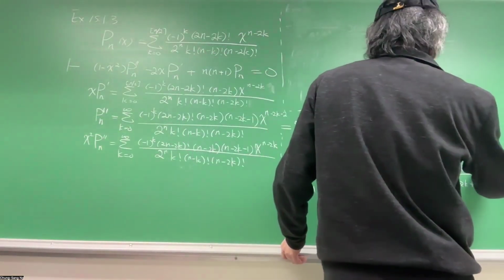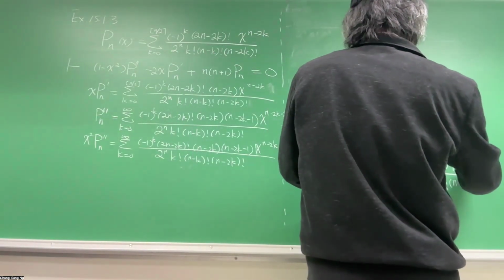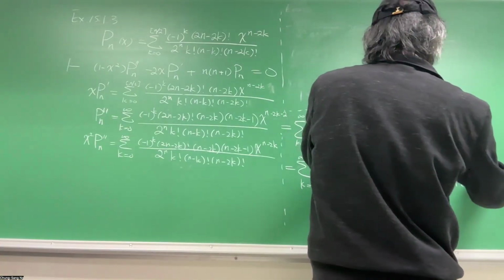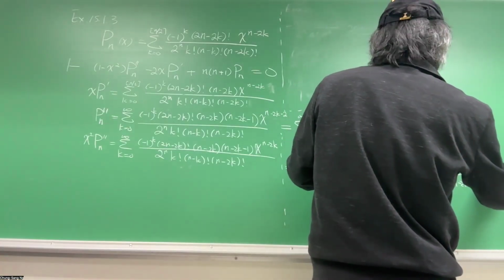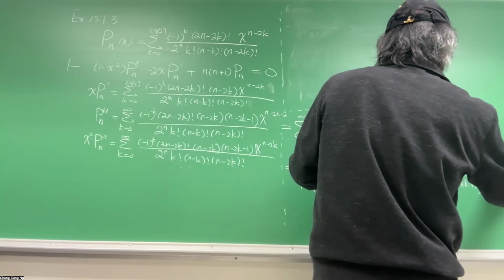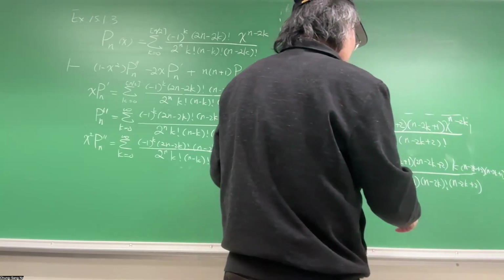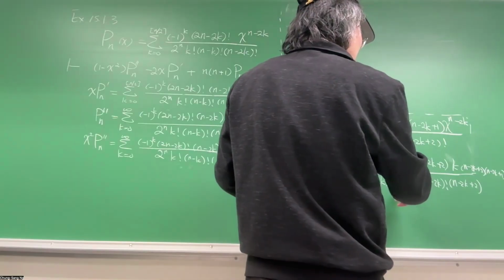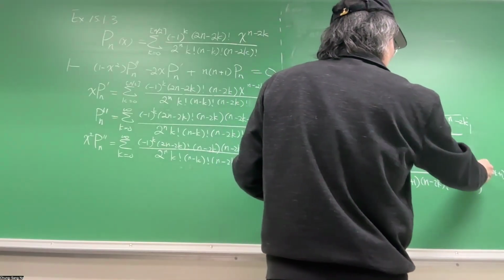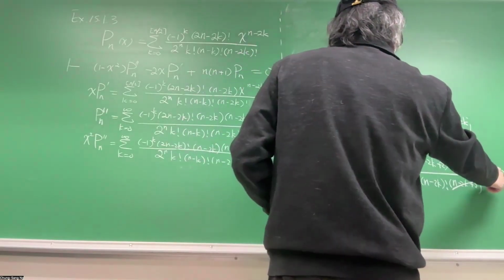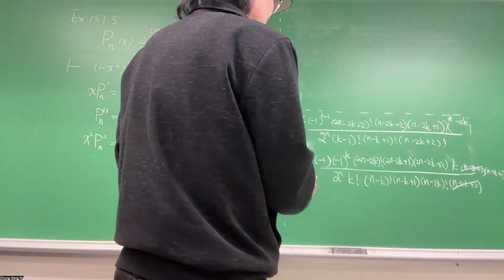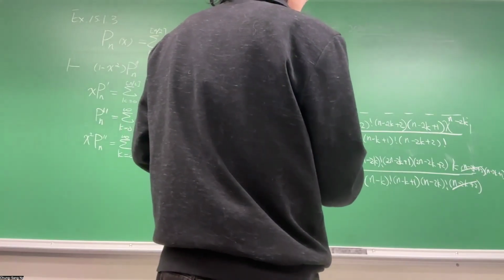It's almost out of the range. We still have this factor n minus 2k. Sorry, this is 2n. This is 2n, n minus 2k plus 1. This factor cancels with this factor. So n minus 2k plus 1.